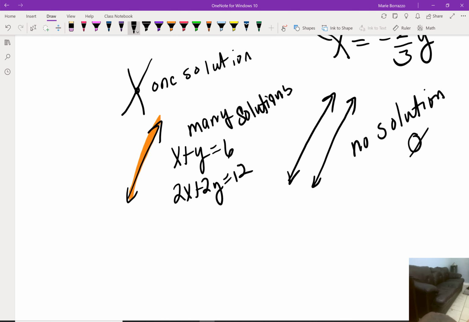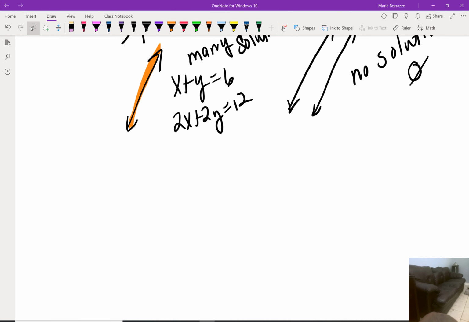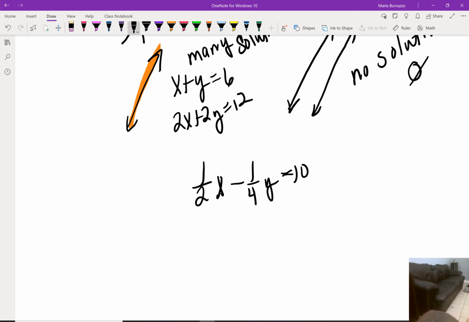And so in this question, they're giving you a system of equations where you have 1/2 x minus 1/4 y, and this one is equal to 10. You are then given a second line where you have 1/8x minus 1/8y, and this one is equal to 19.